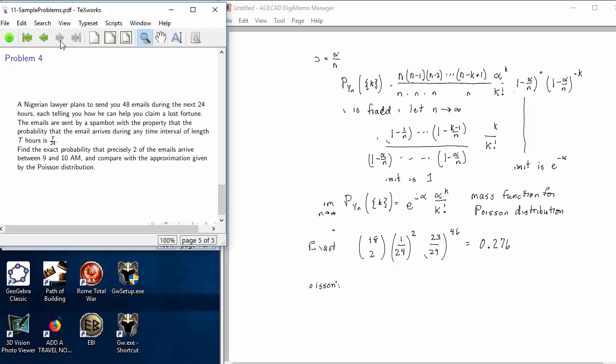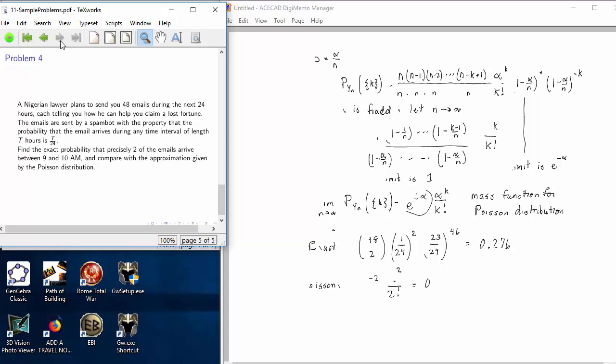However, this is the case in which the binomial distribution is nicely approximated by a Poisson distribution. So I can say I've got a Poisson distribution with parameter alpha, and the probability of getting precisely 2 emails according to the Poisson distribution is e to the minus 2, that's my e to the minus alpha from above, times 2 squared over 2 factorial.